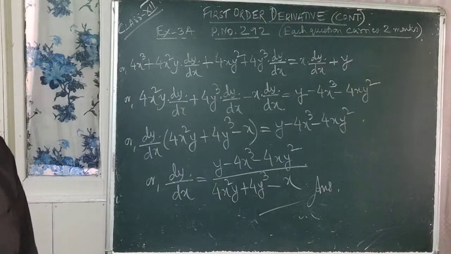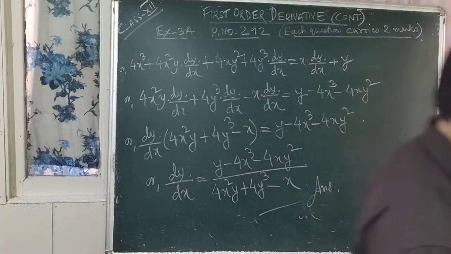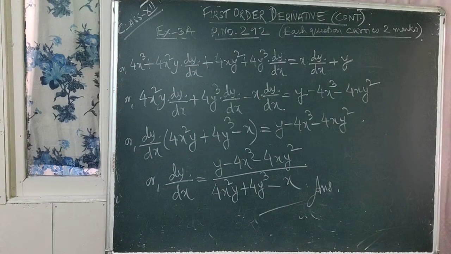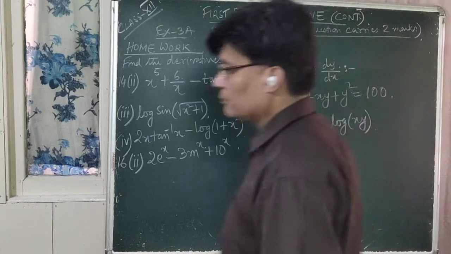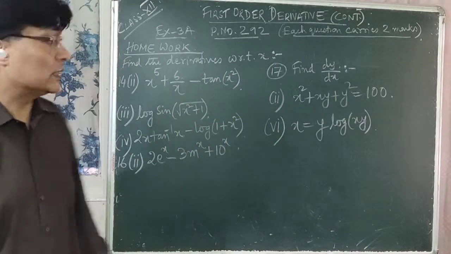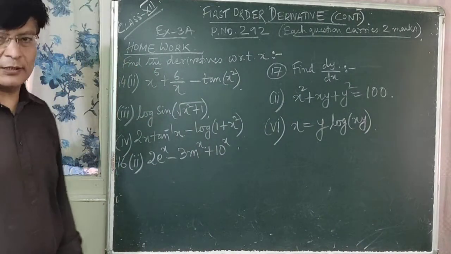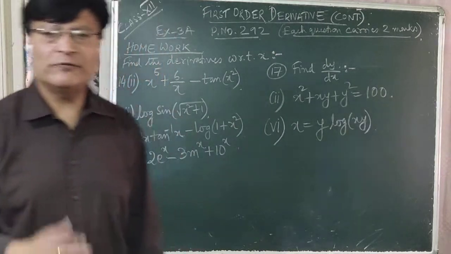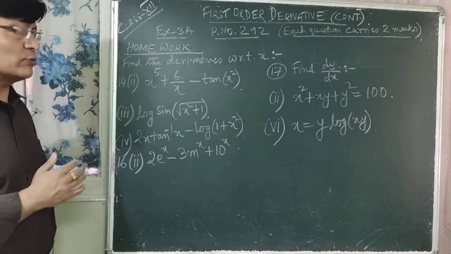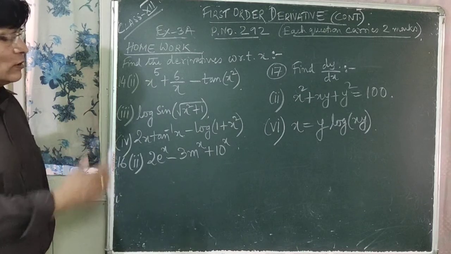Now I'll give you the homework, right? So now these are your homework. So you can do it at home. So first of all, you revise all the problems that we did today, and you can do all these problems.